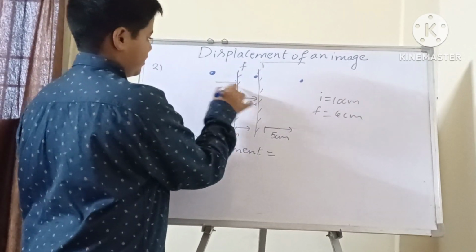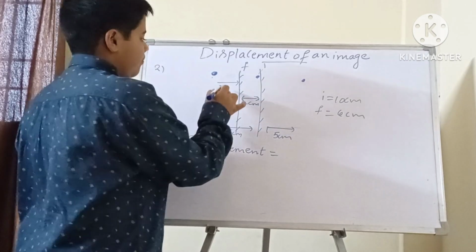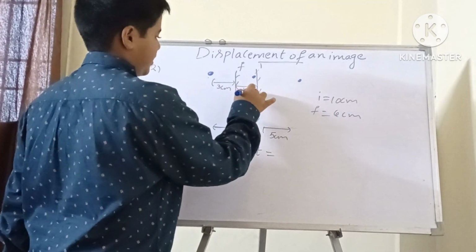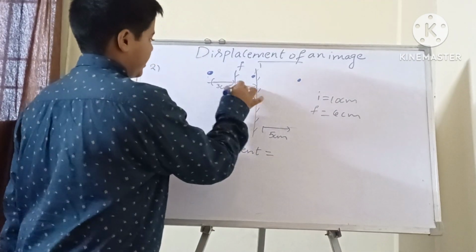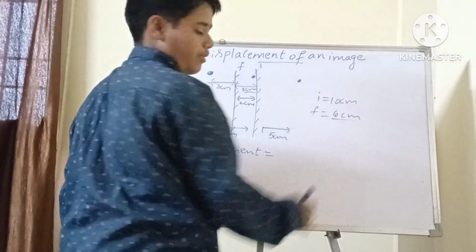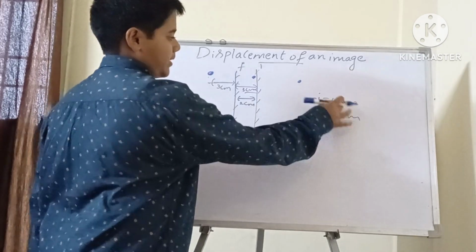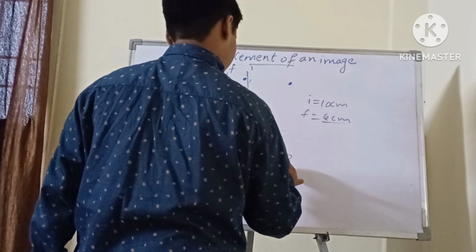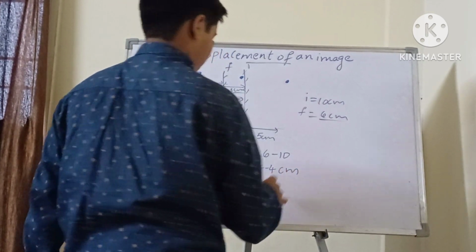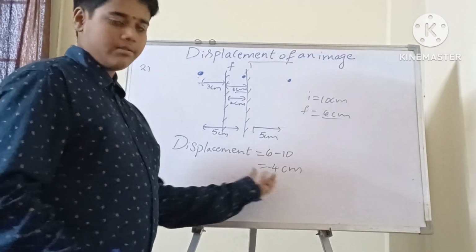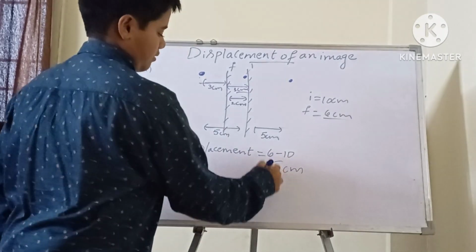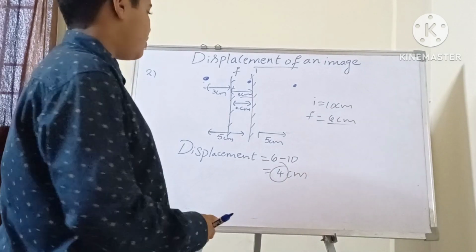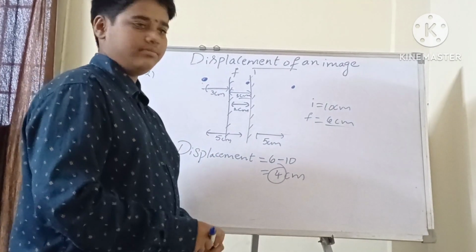So the distance between this mirror and this object is 3 centimeters, and the image is also 3 centimeters. So here 3 plus 3, 6. The displacement is final minus initial. Four centimeters is the answer. Here we will get minus 4, but we only consider the magnitude, not the direction. Minus means direction. Okay, so this is the second case.